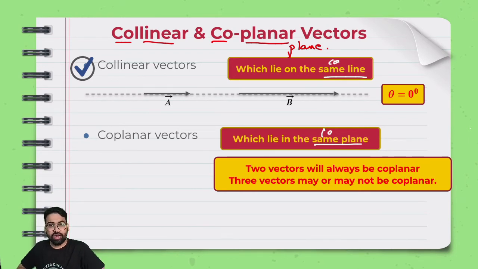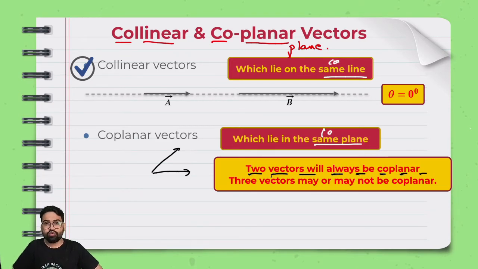So there are certain facts for you. You can try proving on your own that two vectors will always be coplanar. There is always a plane that can be made with two vectors. Let us say we had a vector like this, and a vector like this. The plane right now is the screen itself. So wherever you draw two vectors, they will always be coplanar, but three may or may not be.